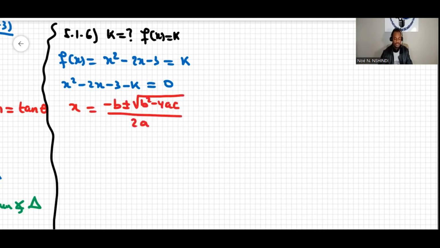So now, it will have real roots if the discriminant, the value b squared minus 4ac, is greater than or equal to 0. That's where this can generate a real root.